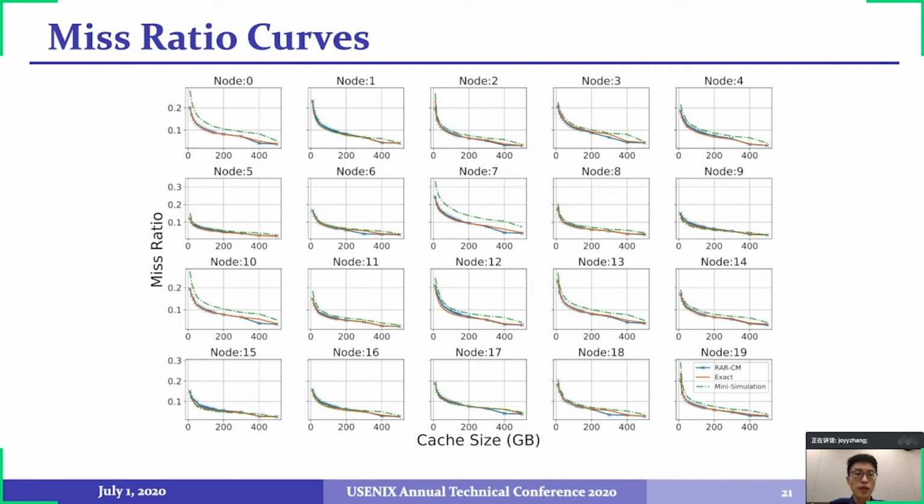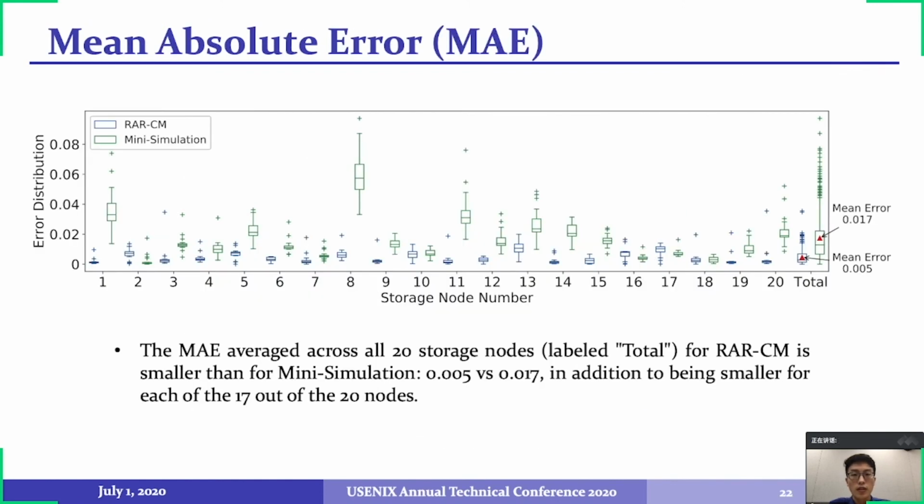This figure shows the results of 20 randomly selected but representative storage nodes. Other storage nodes have similar results. The above figure is the mean absolute error results. The mean absolute error of the reaccess ratio based cache model is smaller than miniature simulation for 17 out of 20 nodes.